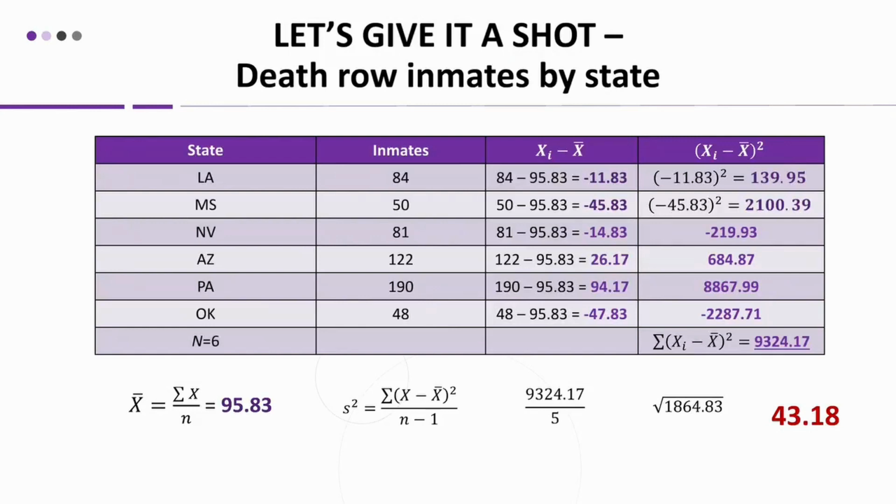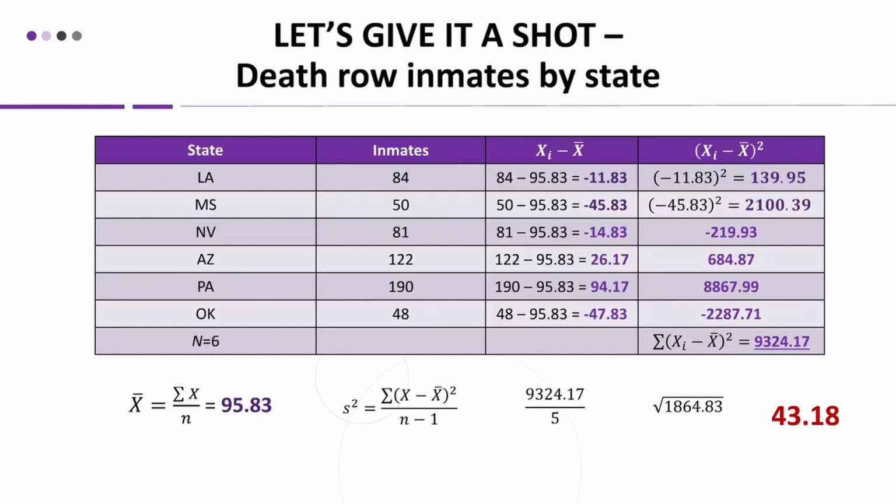So let's just say 96 and 43. One standard deviation above would be 139, I believe, and below would be 52, we'll say. So 52 to 136.9, I think I said, somewhere around that.